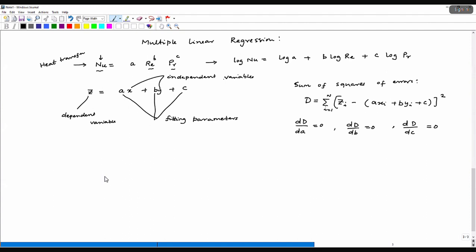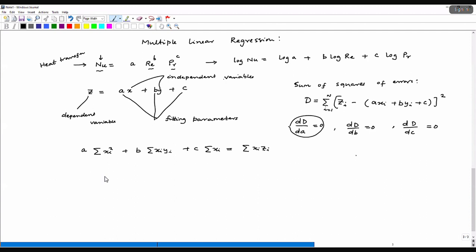So from these three conditions, you get three different equations. So what are those equations? The first condition will give you A sum of xi square plus B sum of xi yi plus C sum of xi will be equal to sum of xi zi.